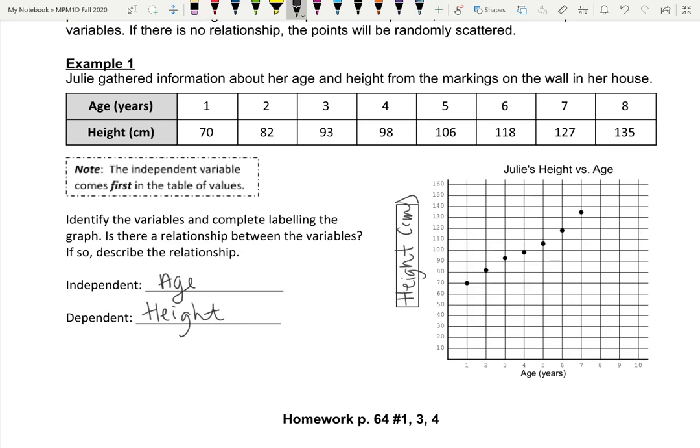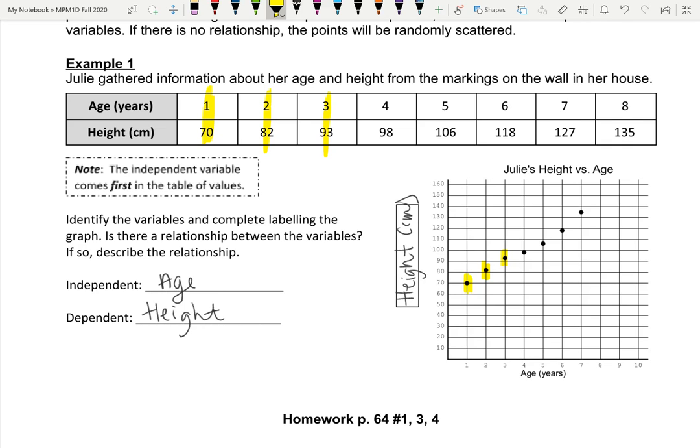So you can see that the scatter plot is simply Julie taking her points on her table of values and plotting them on the grid, just like we've been doing all along in this course. Now, instead of connecting them, because they don't create a straight line, we're just going to leave them as points.